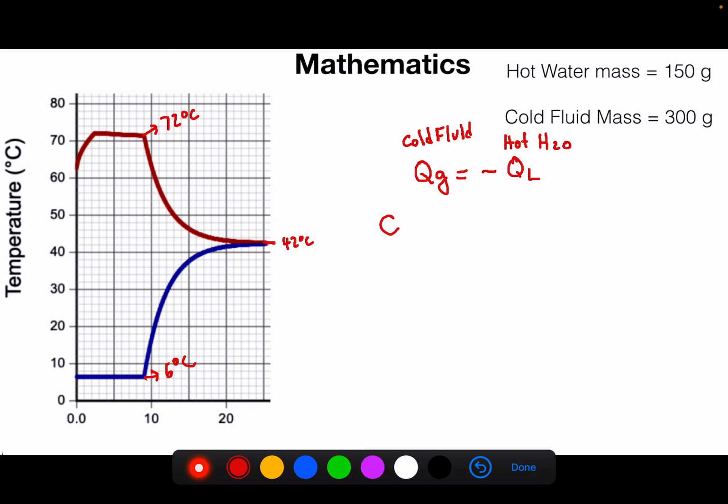Because there are no phase changes, both of these will go by the same formula. Cm delta T, Cm delta T. We know this. We can look it up on our reference sheet. It's going to be 4190. Mass, make sure you work in kilograms.